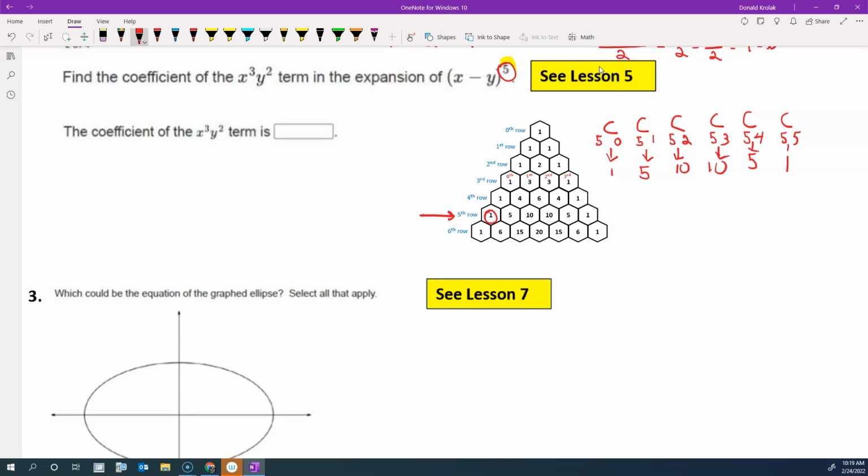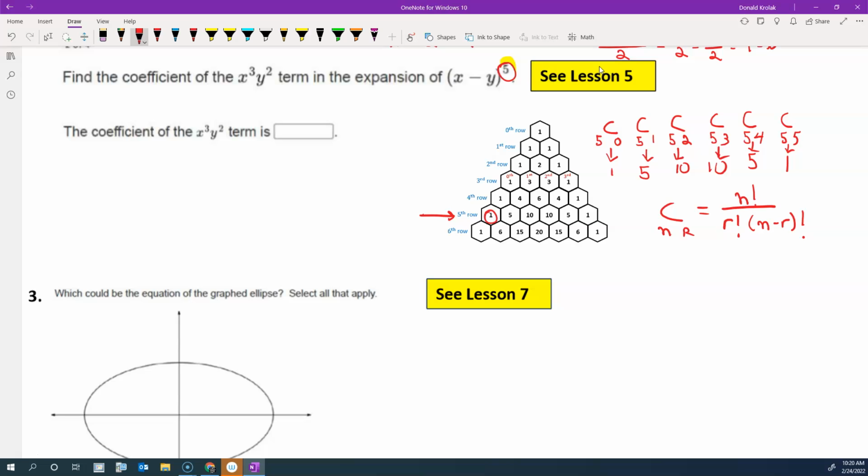And then we had a formula for those as well. This was nCr, and this equaled n factorial over r factorial times n minus r factorial.